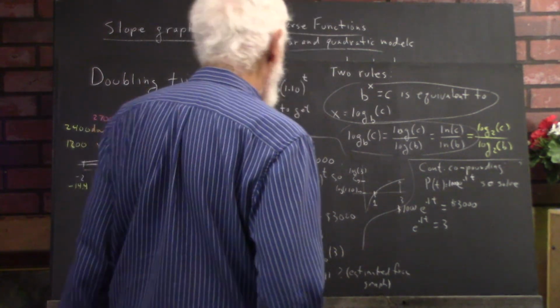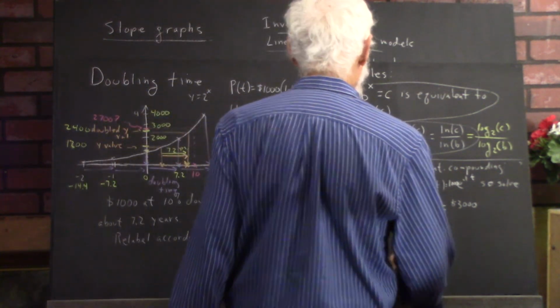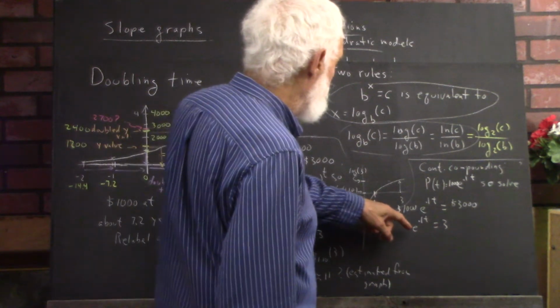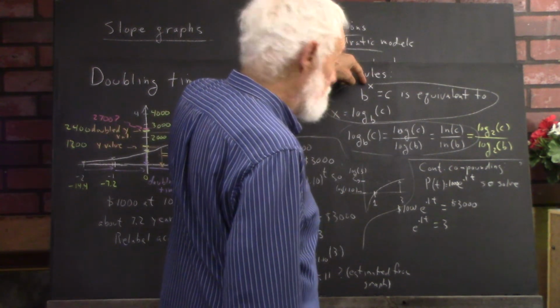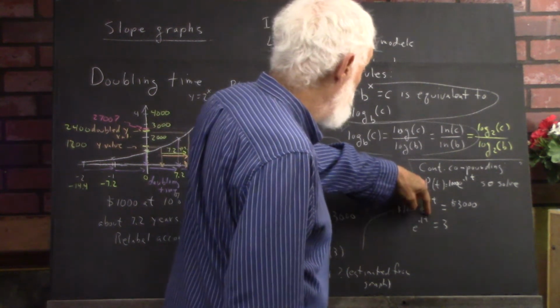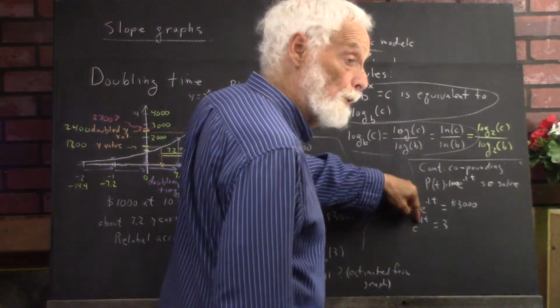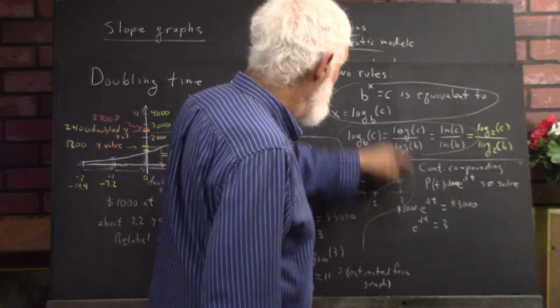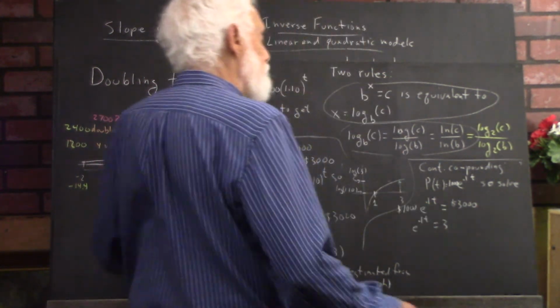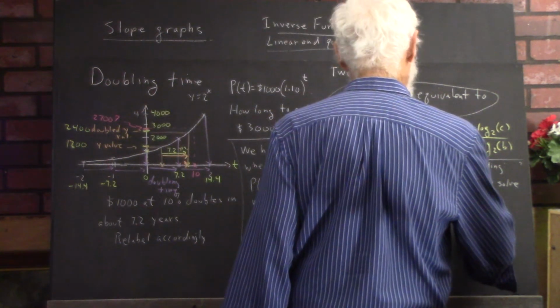So now our exponent is no longer just a single variable, it's 0.1 t. So instead of x we've got 0.1 t here, instead of b we've got e, and instead of c we have 3. It helps to write that out. Okay?